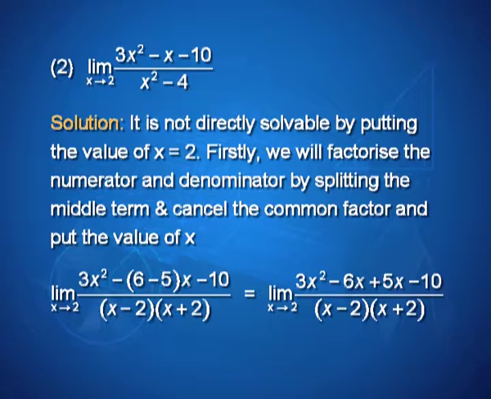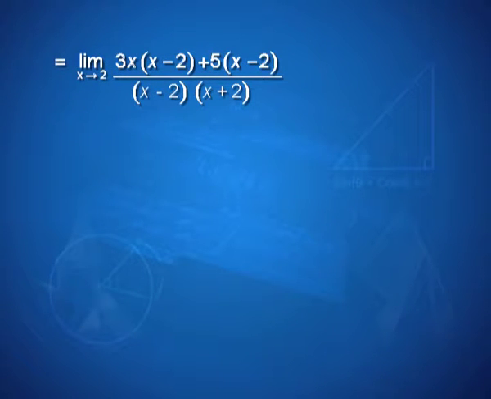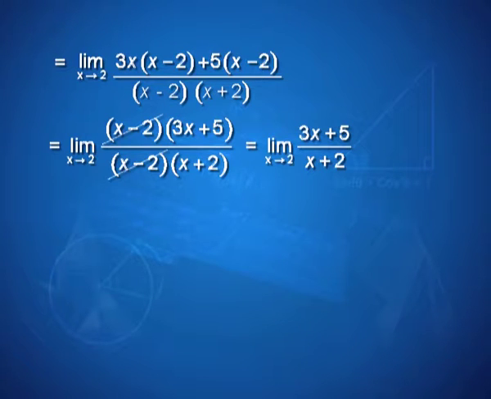That can be solved as limit of (3x(x − 2) + 5(x − 2)) upon (x − 2)(x + 2) as x tends to 2. On further simplification, we have limit of (x − 2)(3x + 5) upon (x − 2)(x + 2) as x tends to 2.